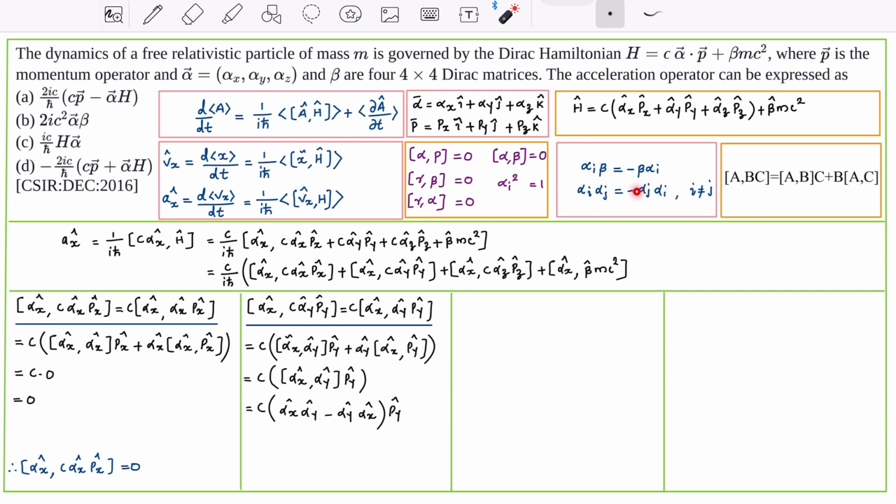Now what is alpha i alpha j? Alpha i alpha j is minus alpha j alpha i. Therefore, our commutator becomes c times 2 alpha x alpha y py. Therefore, the commutator of alpha x and c alpha y py is equal to 2c alpha x alpha y py.